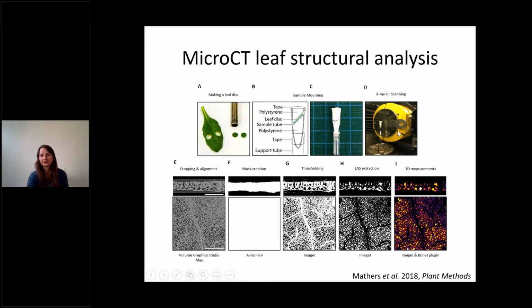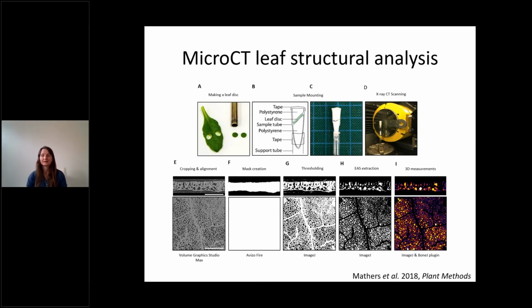This final image along the top is just a picture of the X-ray scanner, so the sample is rotated in the X-ray beams, and that allows us to detect differences in density between the cells and the air spaces. Then in the computer, we can threshold based on those density differences and ultimately extract quantitative information about the sizes of cells and air spaces in the leaf.